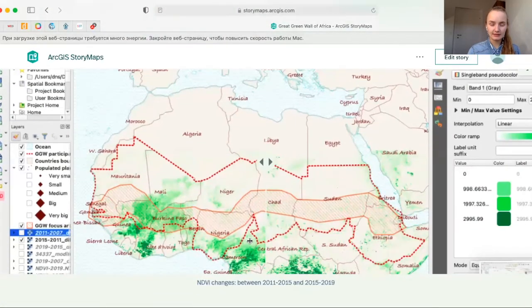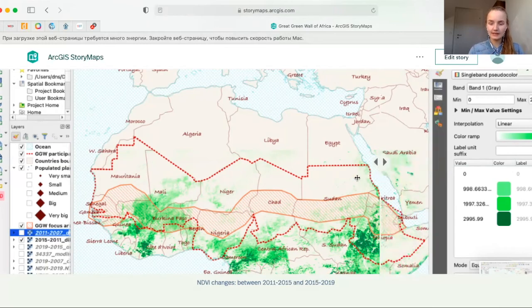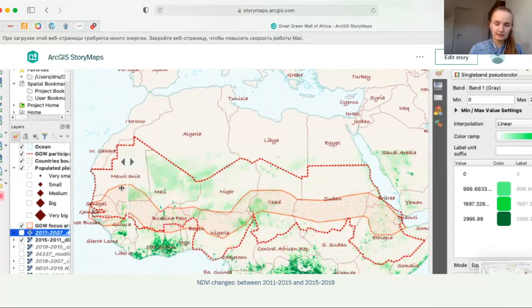After that, I also made a comparison of NDVI changes between 2015 and 2019. We already knew the previous data, the changes between 2011 and 2015, the NDVI growth during those four years. And this is what happened during the next period, between 2015 and 2019.